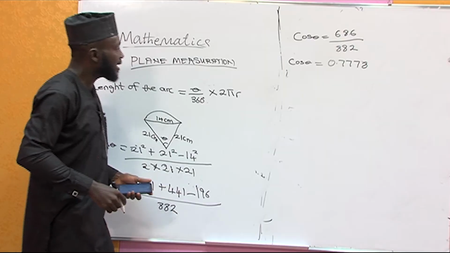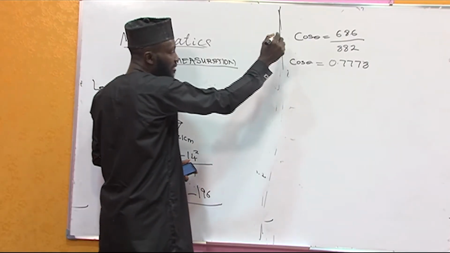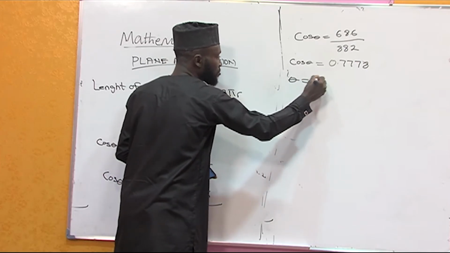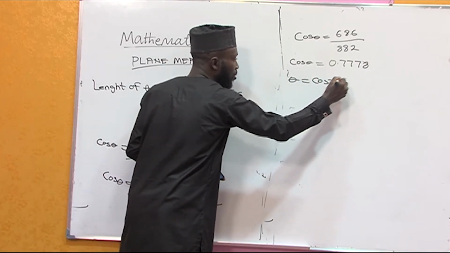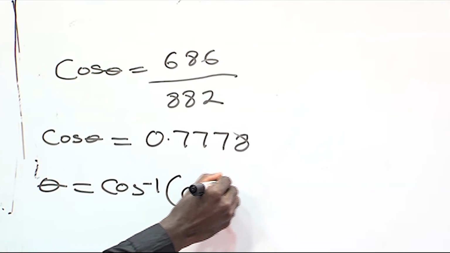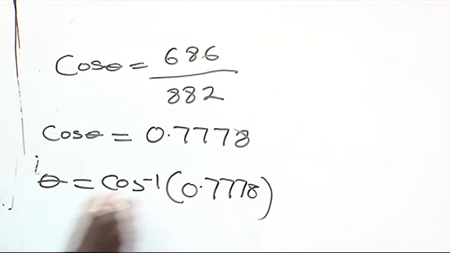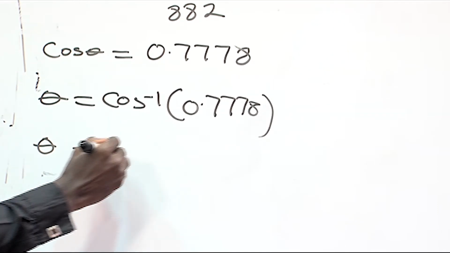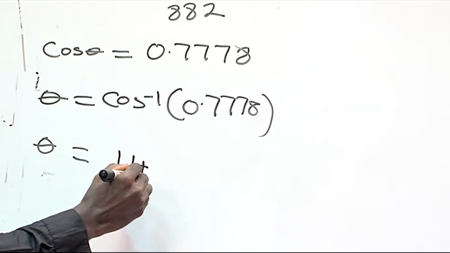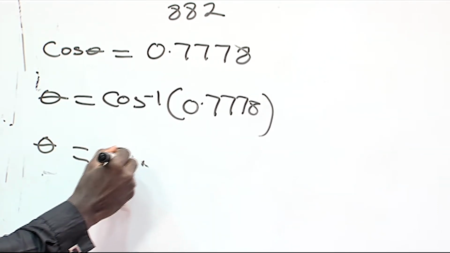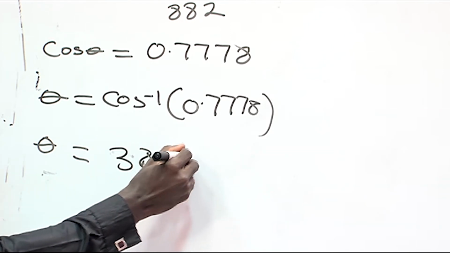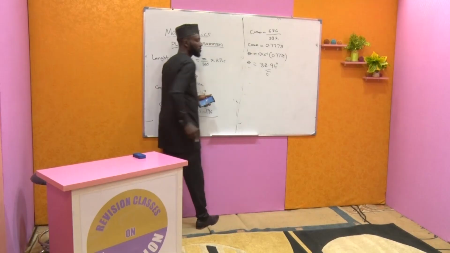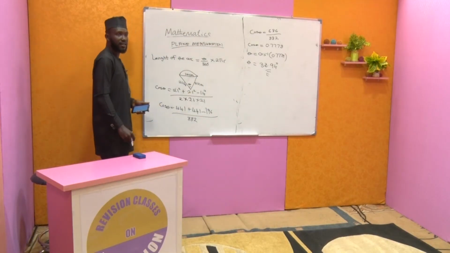So at the end, when I look for the arc cos of this, my theta is equal to the arc cos of 0.7778, which is going to give me 38.94 degree. So this is our theta.